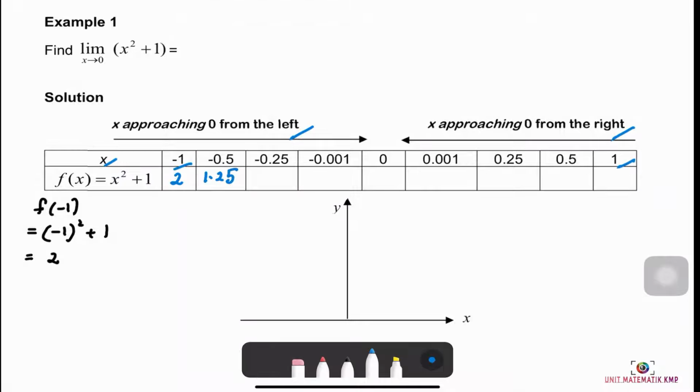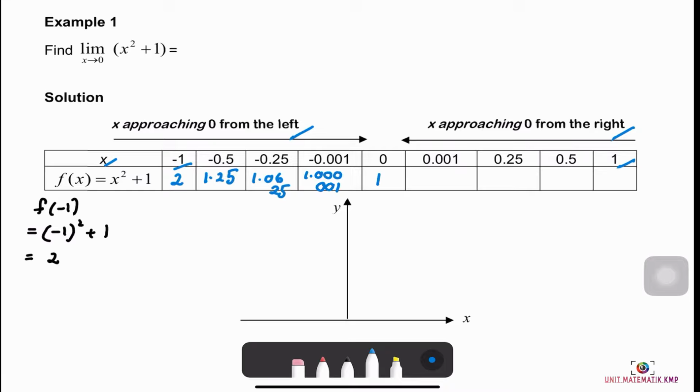When x is -0.25, we have 1.0625. And when x is -0.001, f(x) is 1.000001. When x equals 0, f(0) is 1.